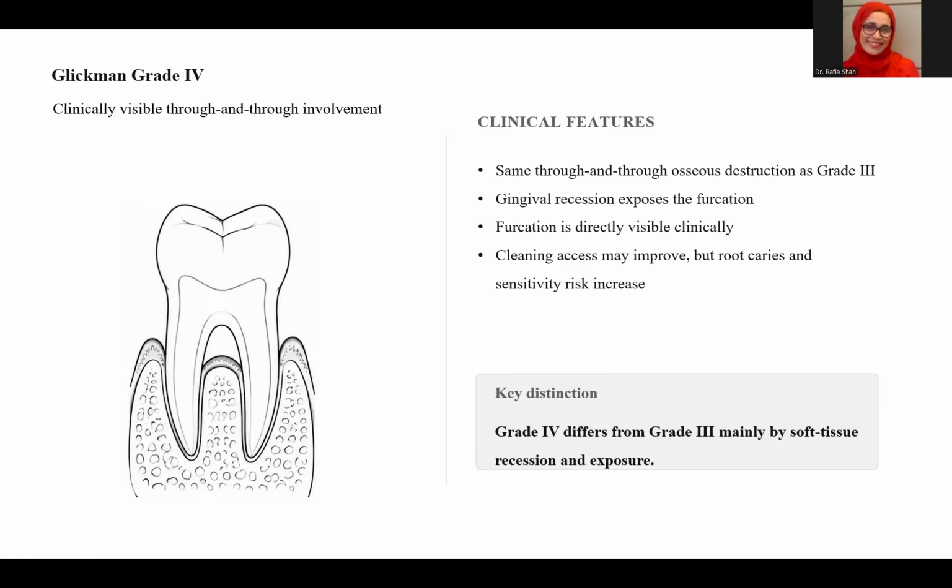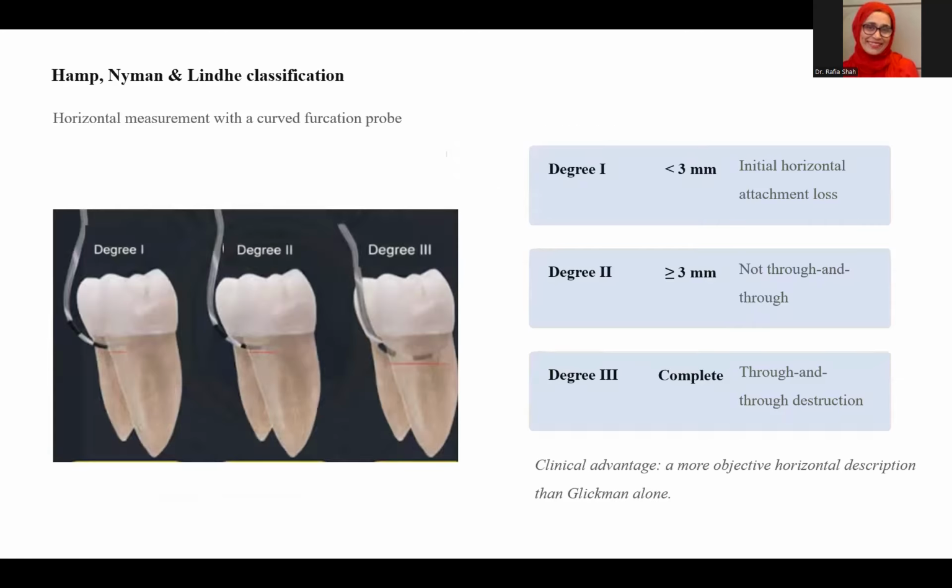So as I said, this is only a descriptive type of classification given by Glickman. Hamp, Nyman, and Lindhe said that this is descriptive. We really don't understand what the depth of furcation invasion is in millimeters, and Glickman's classification is subjective. It can vary. For example, if I do the examination, it can vary. If you do the examination, it will vary.